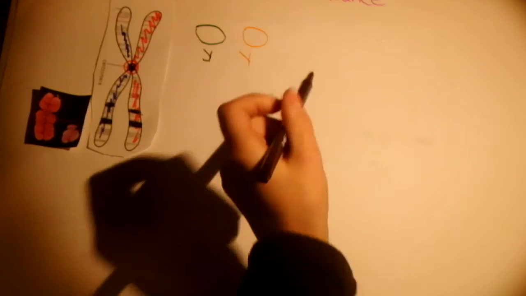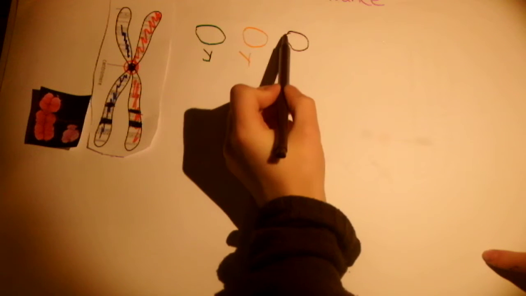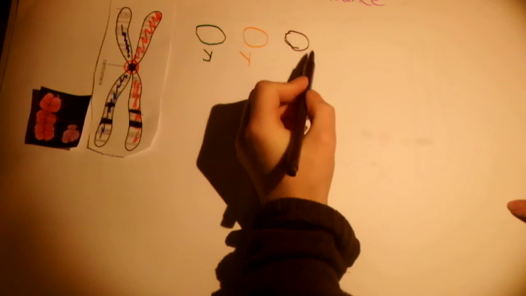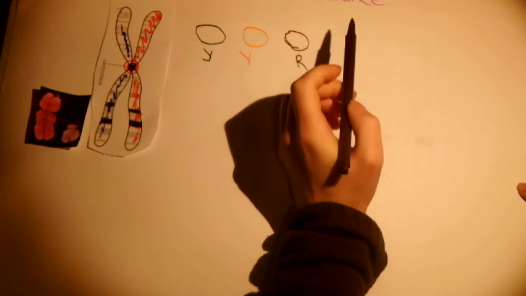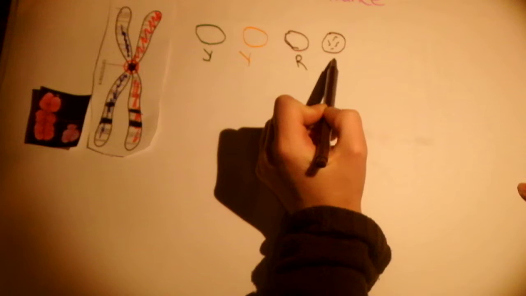Then the round seeds, so you've got colour and you've got a shape. The round is dominant, so that's a big R, and the wrinkled is recessive, so wrinkled is little r.